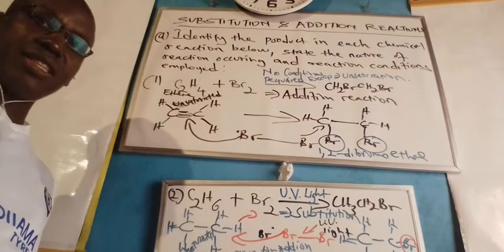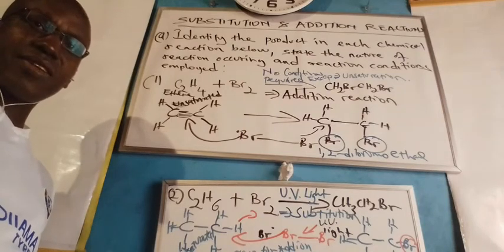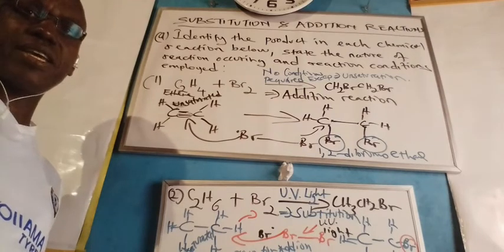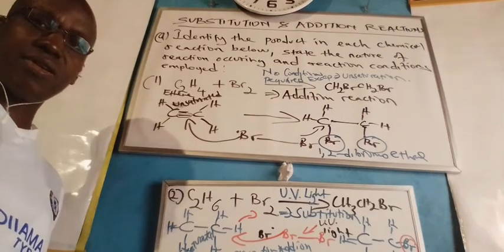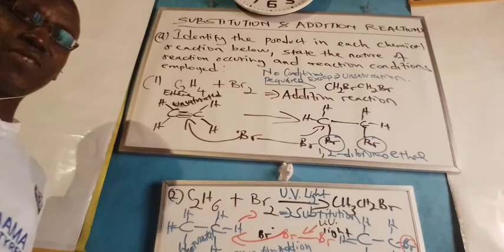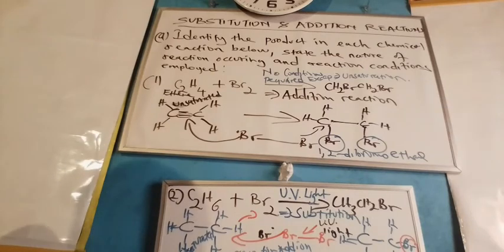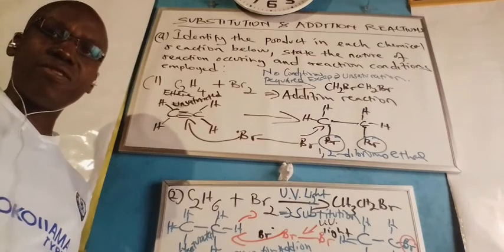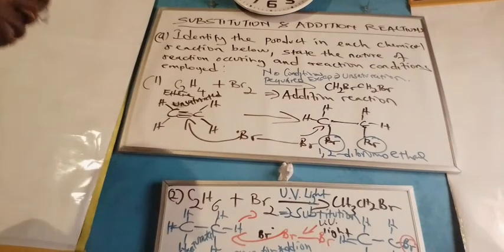Number two, we have seen that the unsaturated reaction involves an addition by the breakage of the unsaturated bond. In this case, addition reactions occur where the reactant is unsaturated with a double bond or a triple bond, providing room for the breakage and creation of room for addition.